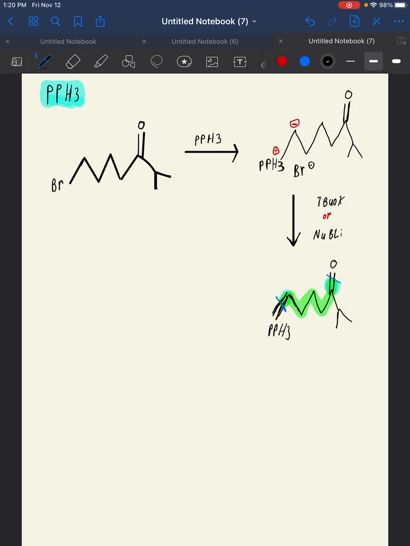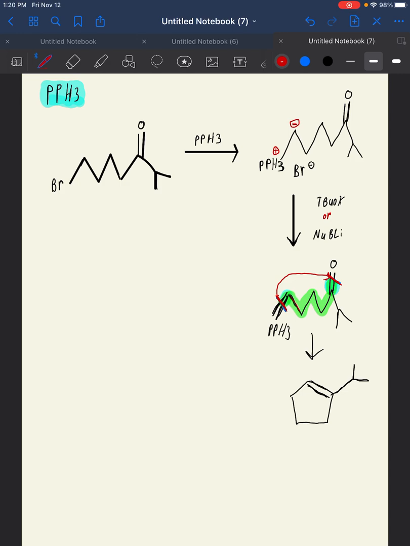So your product would actually look like this, because this double bond right here and this double bond are coming together to form a single double bond together.